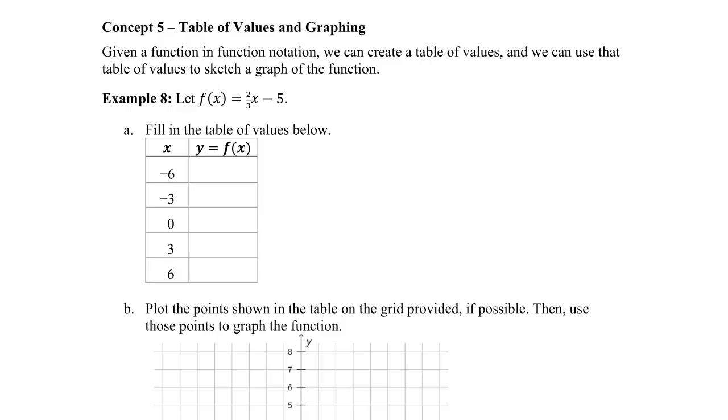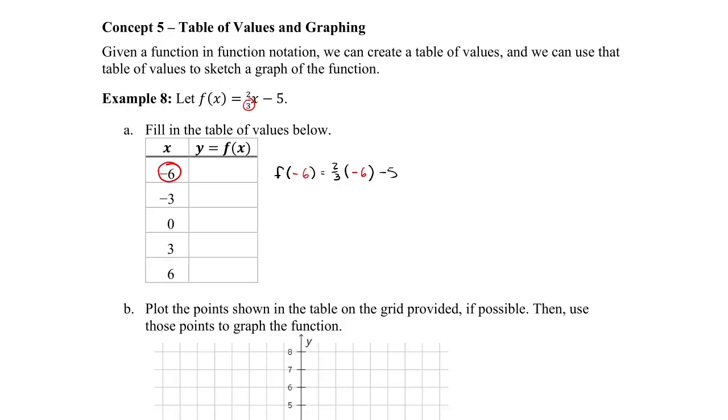And I chose these inputs for x counting by threes so that at every step we're going to be multiplying this 2/3 by a multiple of 3, and we're always going to get integers for our outputs. So when x is -6, we're going to take f of -6 is 2/3 times -6 minus 5.